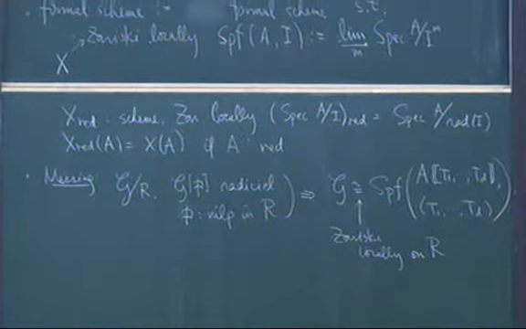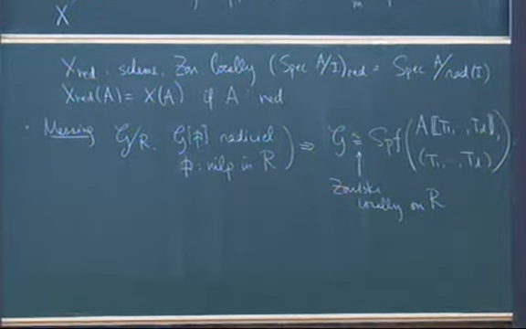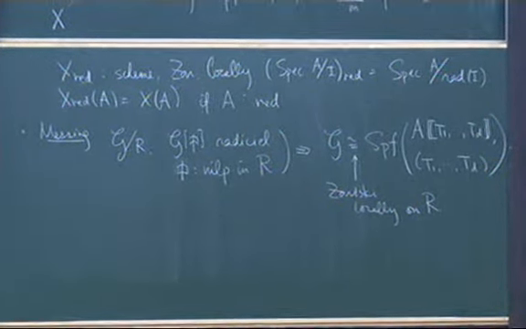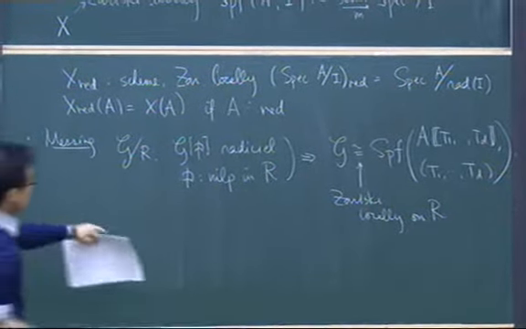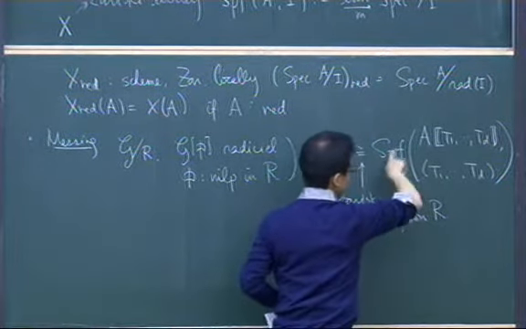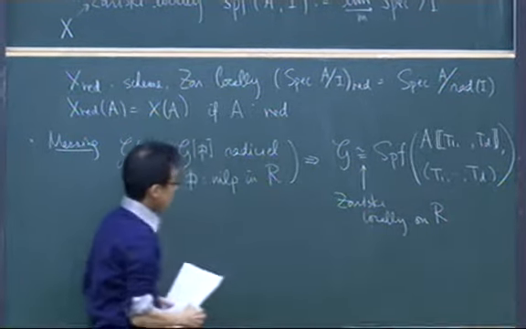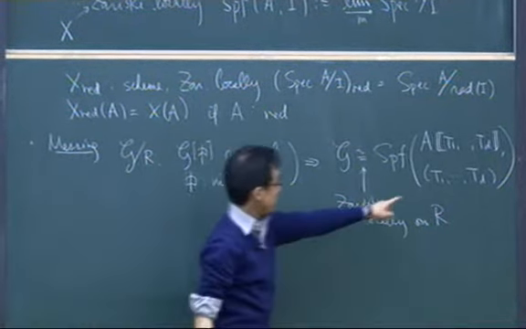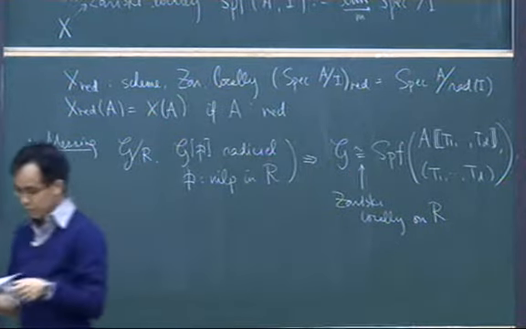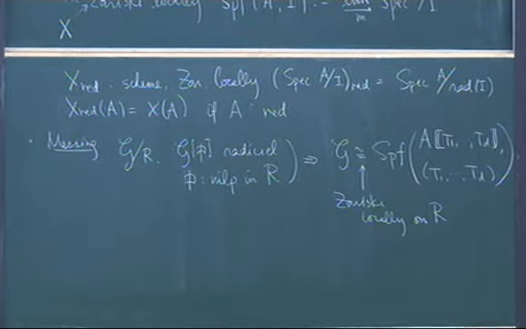These are schemes which are reduced. Messing's theorem, by Spf of this formal Lie variety, I meant Spf of this with that ideal, and this isomorphism is only Zariski locally. Okay.